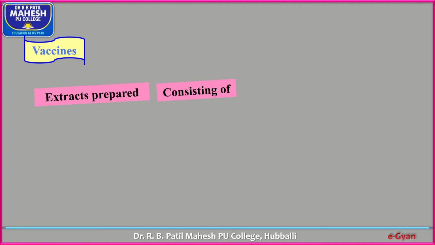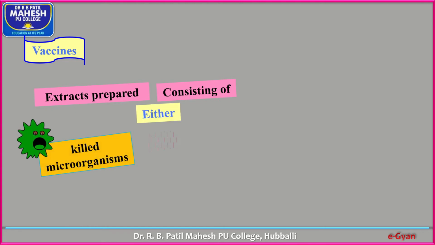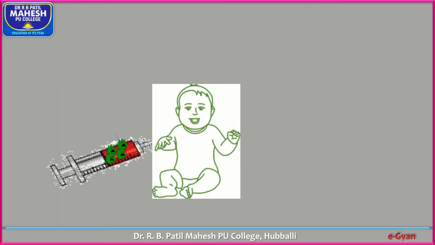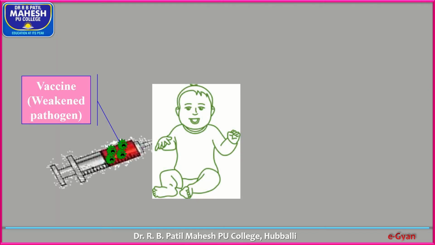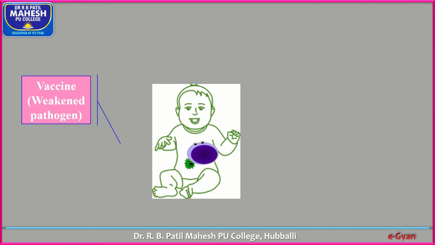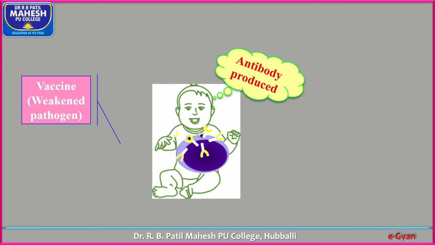which are extracted, prepared and consist of either killed organisms or weakened or live toxoids, introduced into the person so that the antigenic substance stimulates the immune system, and that we call a primary immune response.